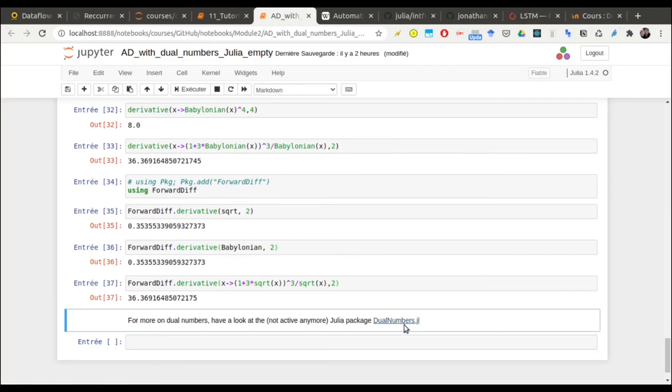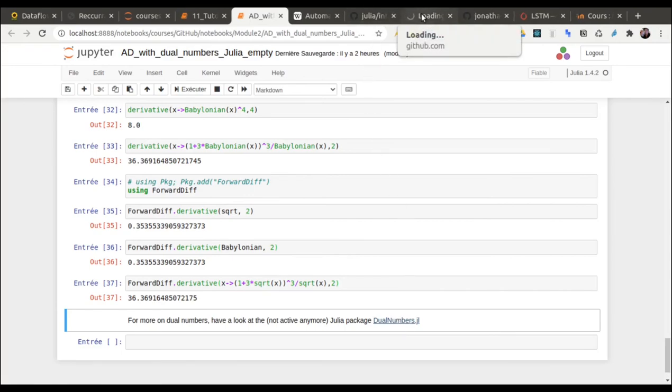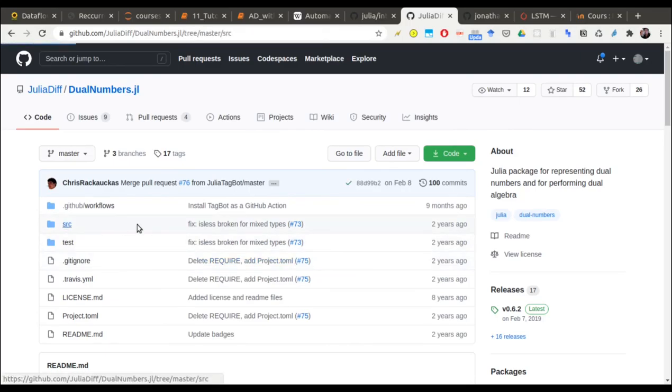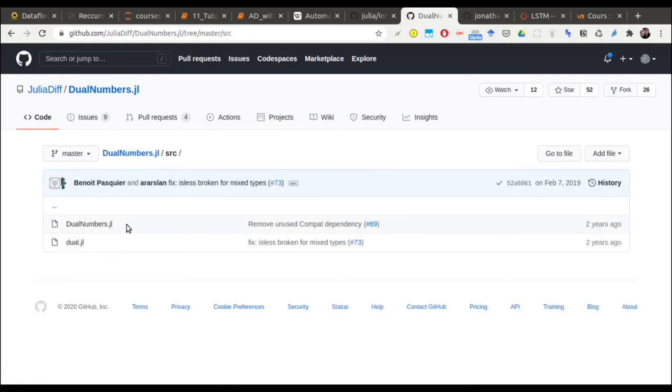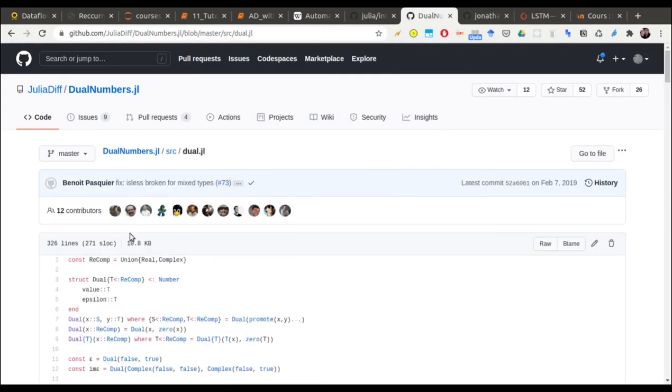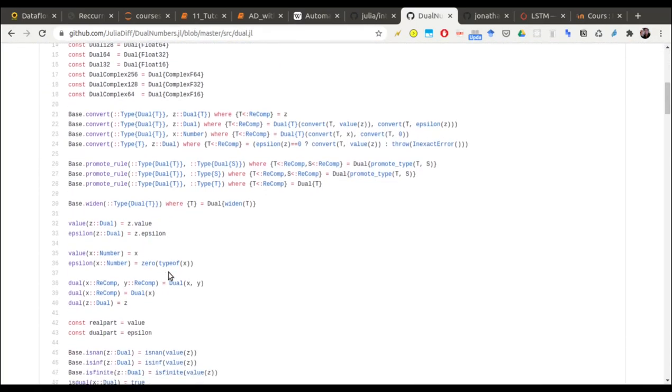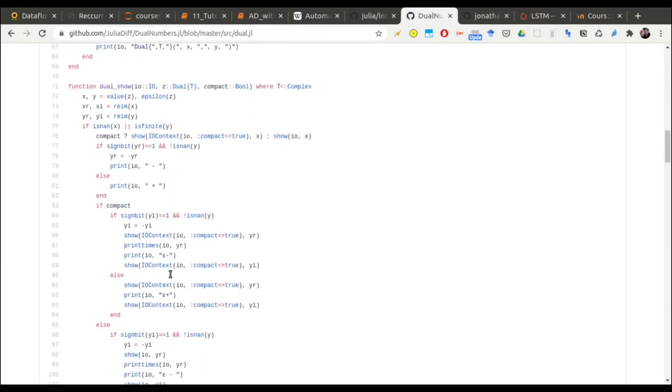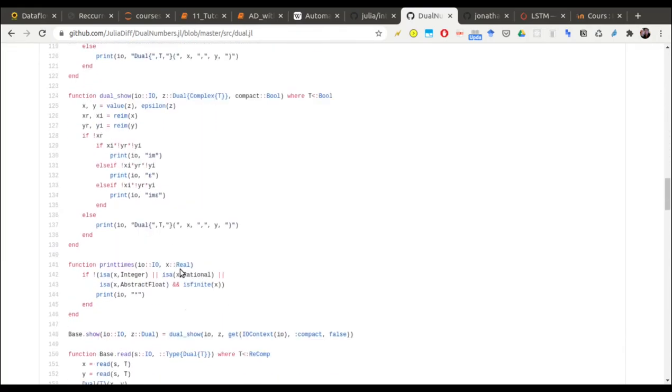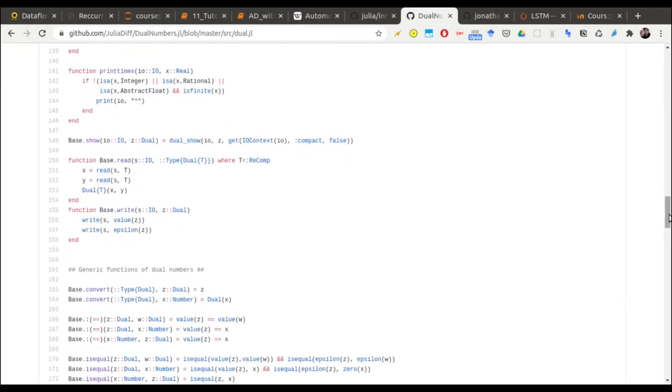If you are interested in dual numbers, there is a Julia package dealing with this, which is not maintained anymore because it has been superseded by ForwardDiff. But you can have a look at the GitHub repository, and indeed, it's only one file. Everything is done in this one file. What we did in the Jupyter notebook is basically done here for dual numbers.